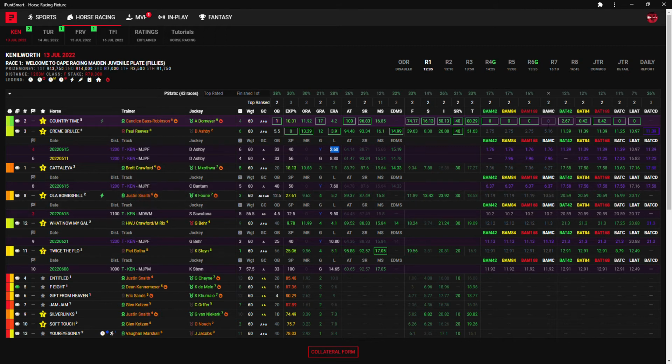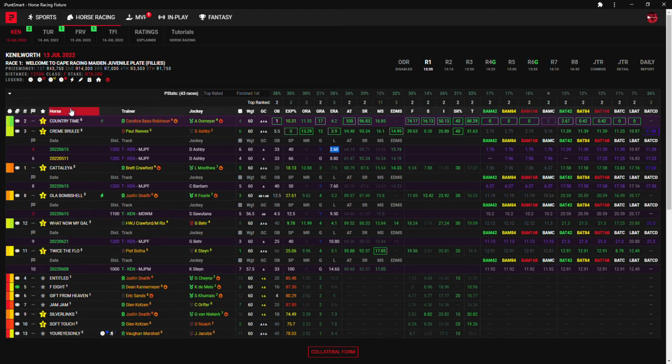So if I see a BAT 42 value here and I see a 2.67, it means that this field is 2.67 lengths slower than the average field of the 43 races that we have looked at previously for the Kenilworth 1200 Class E. So the class of the actual field today is slightly worse.